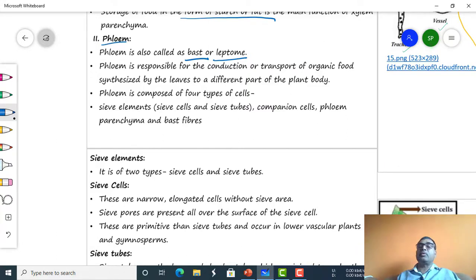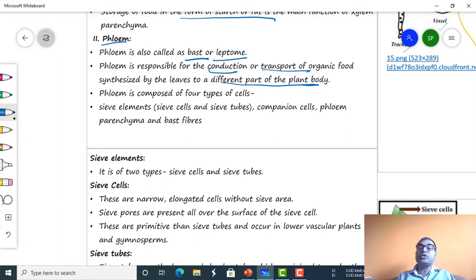Phloem is responsible for the conduction or transport of organic food synthesized by the leaves to different parts of the plant body. So the main function of phloem is translocation of the food material from the site of synthesis, that means from the leaves, to the site of utilization, where the synthesized food material is utilized or stored.